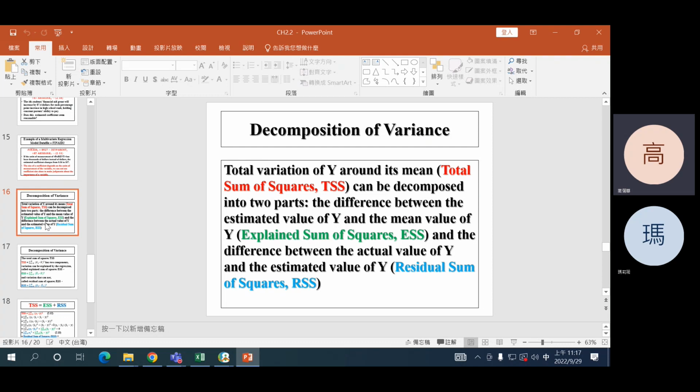One is called total sum of squares, TSS. The explained sum of squares is called ESS. And the residual sum of squares is called RSS. Okay, let me show some algebra. The easy algebra, do not worry about it.